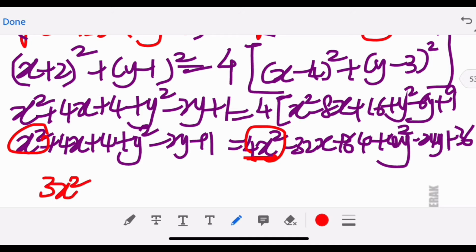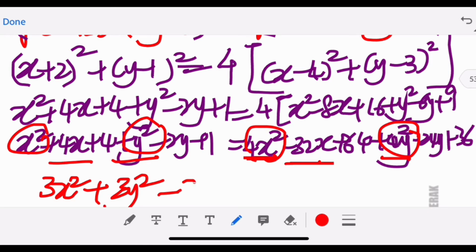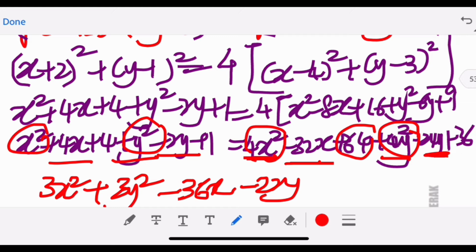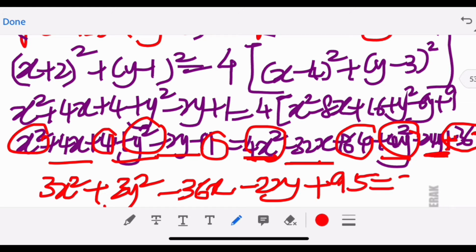We focus on the squares first, highest power: 4y squared minus y squared is 3y squared, and 3x squared. Then the x terms: negative 32 minus 4, negative 36x. Then the y terms: negative 24 plus 2, negative 22y. The number is 64 plus 36, 100, minus 5 will be plus 95, equal to 0. So this is the equation of the locus.